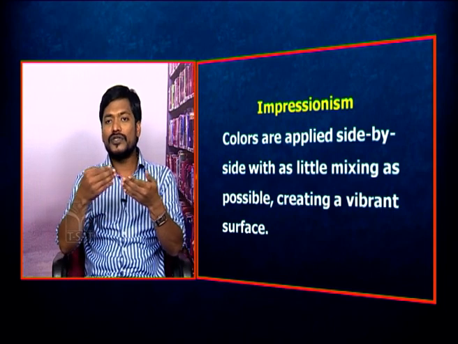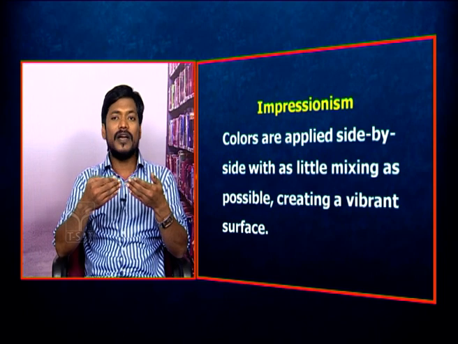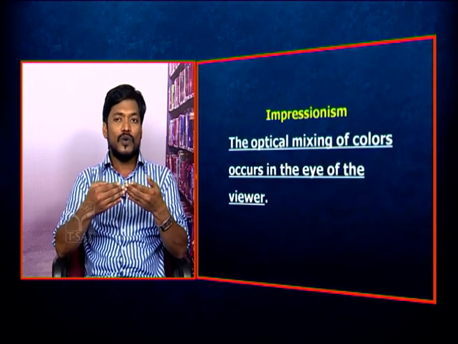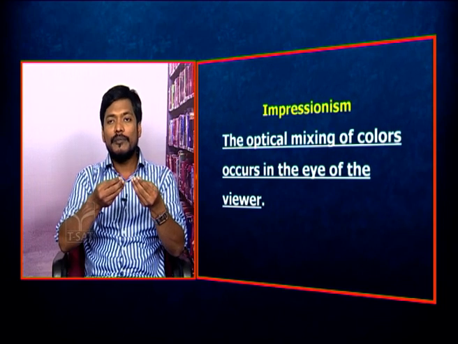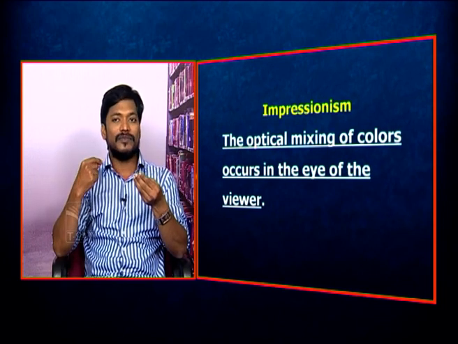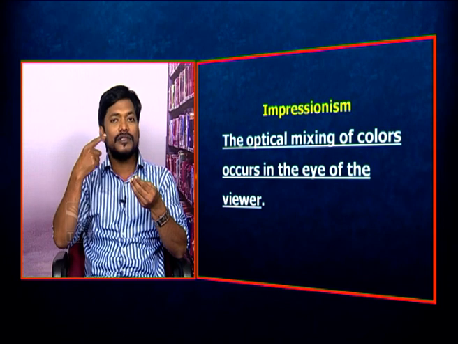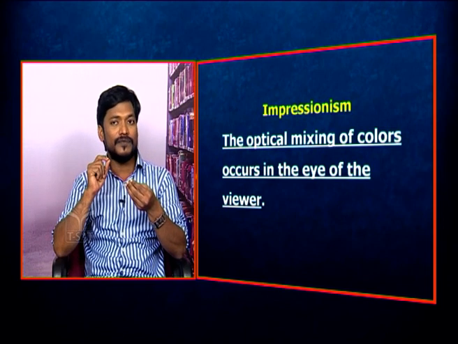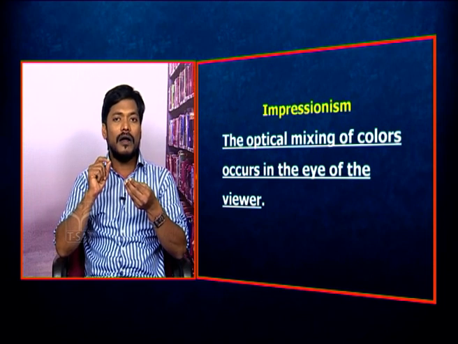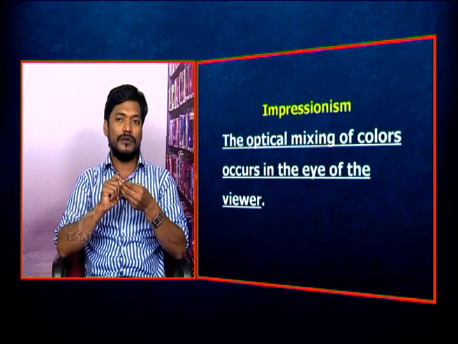They were juxtaposed together, right, creating a vibrant surface. So what happens is those color patches mix inside your eye. So it is the physiological operation of the eye, which is why the eye is very important for them, right? The optical mixing of colors occurs in the eye of the viewer, right?